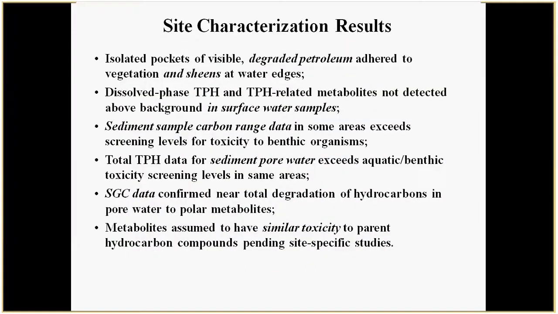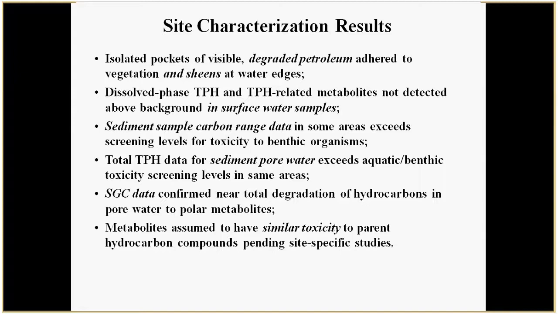Characterization results: there are still isolated visible pockets of degraded petroleum that we really can't get to very well in the vegetation, and some sheens in those areas. Dissolved phase TPH and TPH-related metabolites were not detected at this point, several months later, in the surface water samples away from these other areas. Sediment sample carbon range data in some areas exceeded screening levels for toxicity to benthic organisms. We still had some heavy contamination.